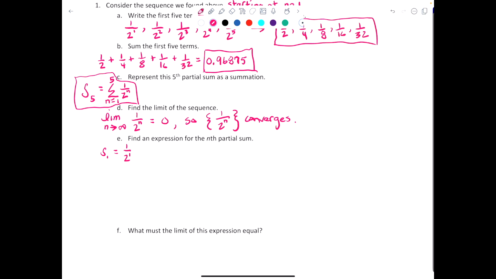So let's now look at S2 and see if we can start developing a pattern. We have 1/2 to the 1 plus 1/2 squared. Well, let's get one happy denominator. If we multiplied that first fraction by 2 times 2, we would end up having 2 plus 1 over 2 squared, right?